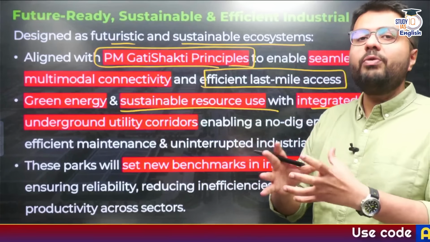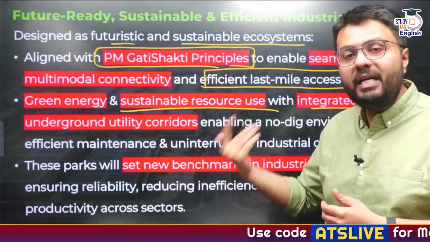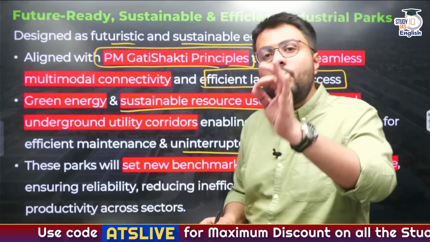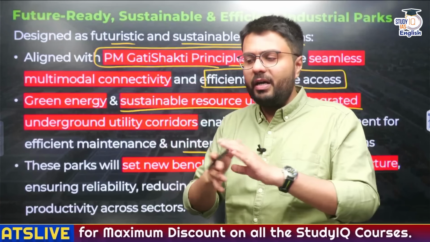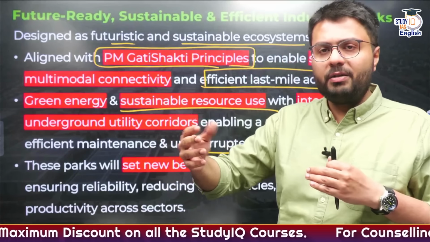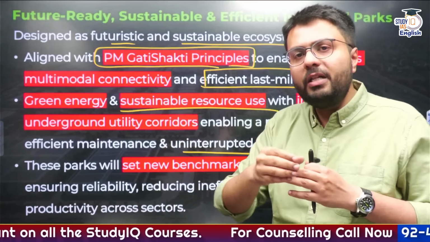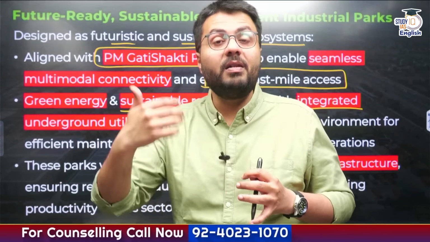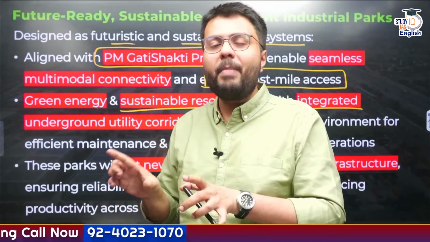Now, with underground utility corridors, you can take up maintenance efficiently and in an uninterrupted manner by enabling a no-dig environment. So you must have heard, when any new infrastructure is created, to further maintain it, usually the roads are dug up, right? Now, because of the digging of the roads, it creates disruption. It shows you in a very bad light, right?